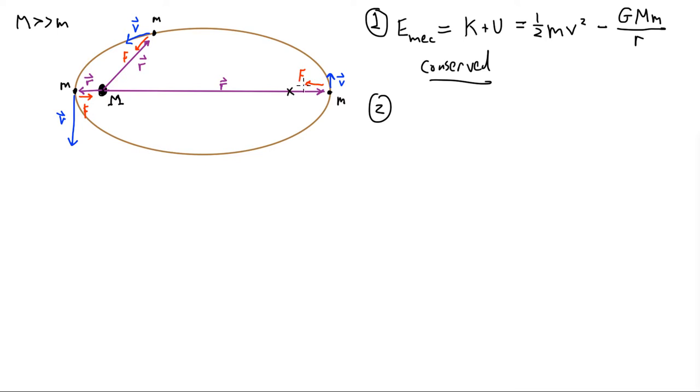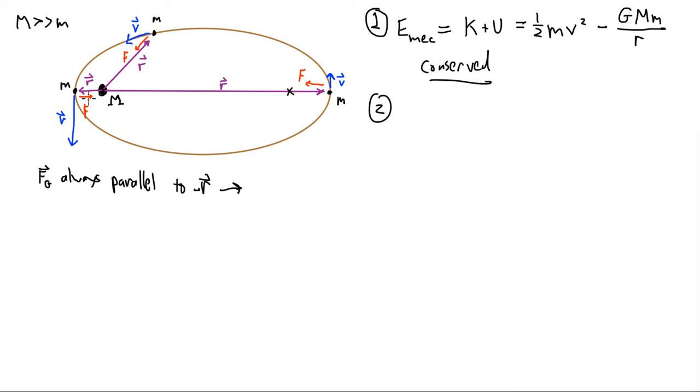Because this force always points straight toward the center, the gravitational force is always parallel, or actually, I should properly say anti-parallel, to the r vector. So it's parallel to the negative r vector.